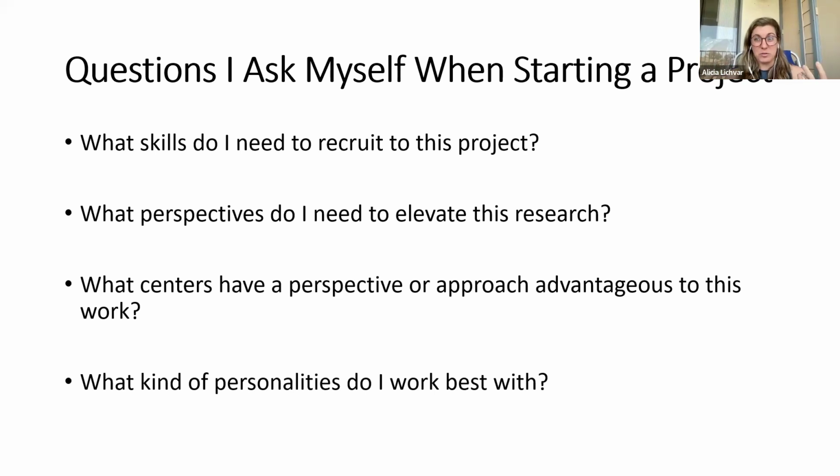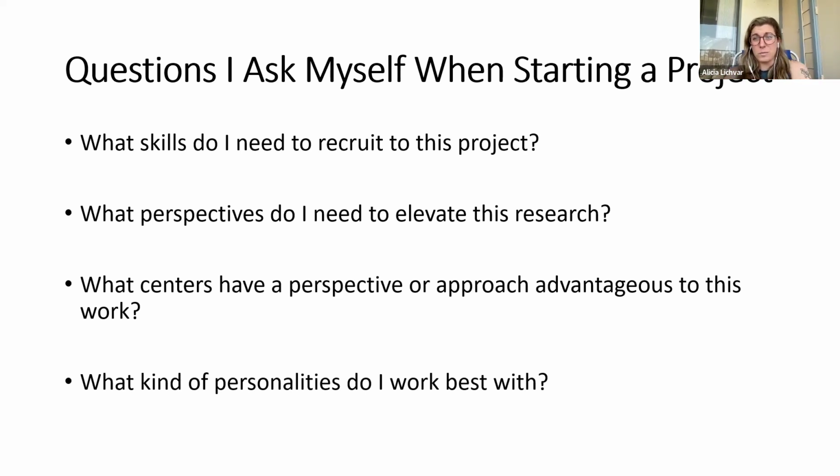So when we were thinking about doing an AmCare survey, she was one of the voices that I really wanted to be a part of that project. And with that, what centers have a perspective or approach that's advantageous to this work? So that's where I really lean into looking at the listserv, seeing if there are different things that come across the listserv from institutions that might lend themselves to the work that we might be interested in doing.